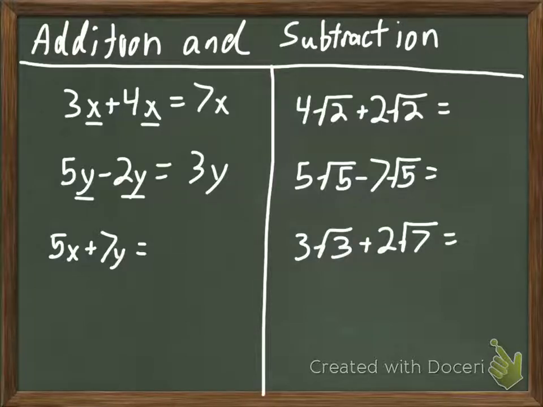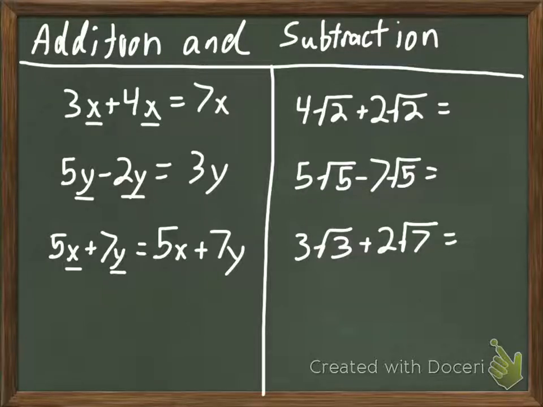Now we have 5x and 7y. Those aren't the same variable, which means that we cannot actually add them together, so simplified it's simply 5x plus 7y. That's as simple as we can make it.